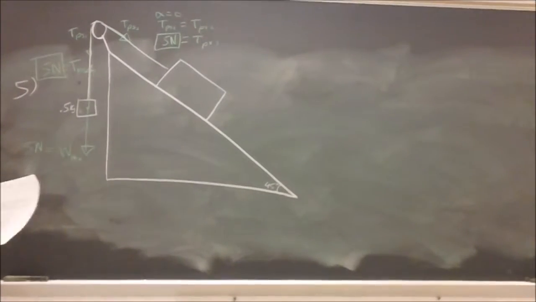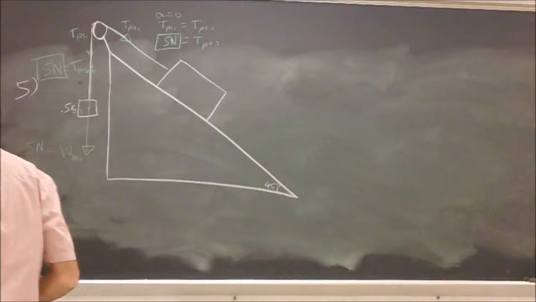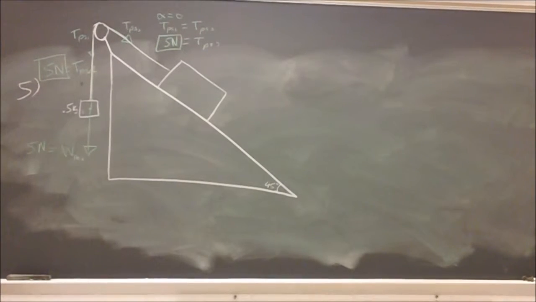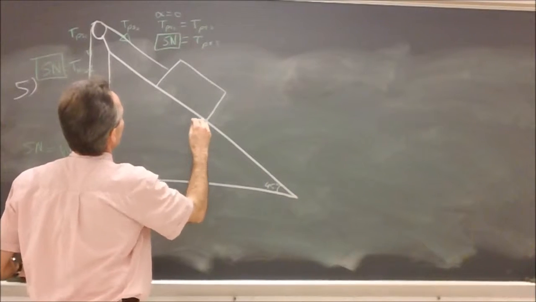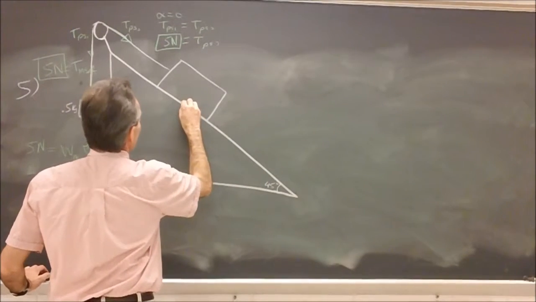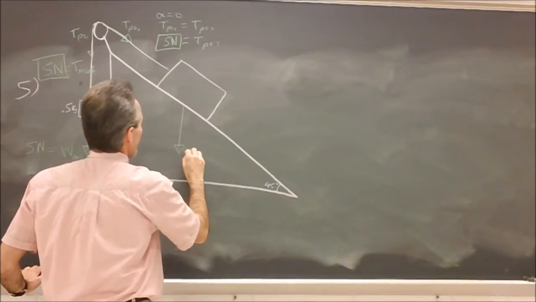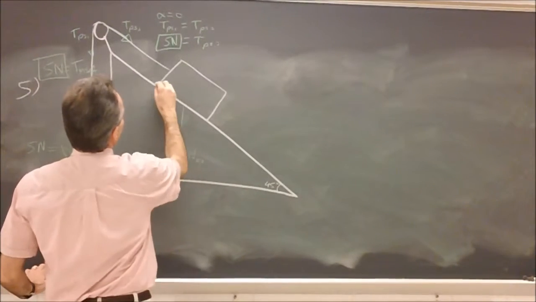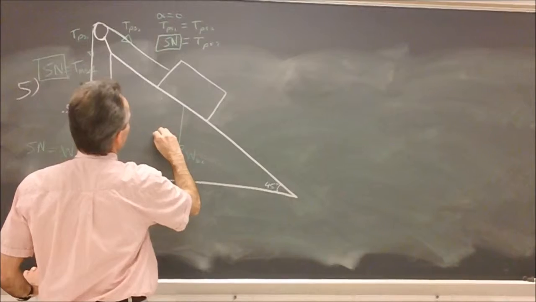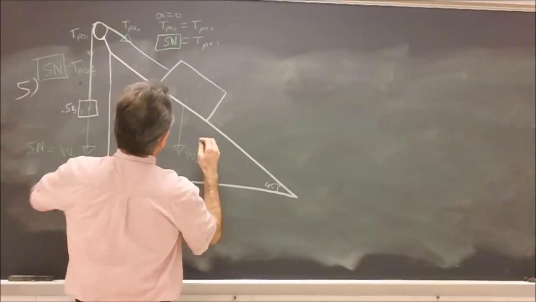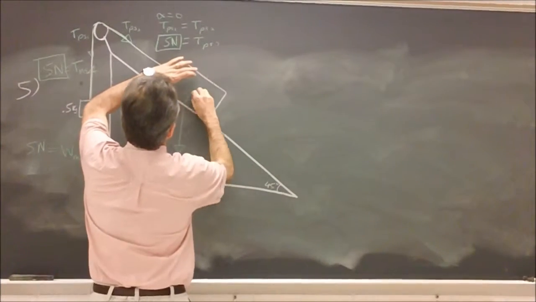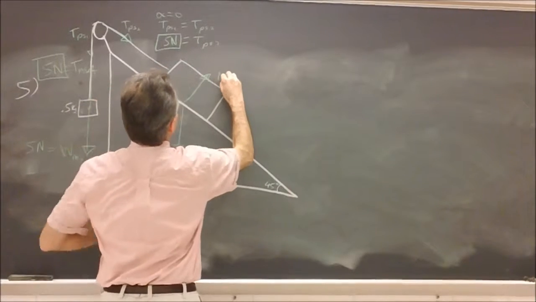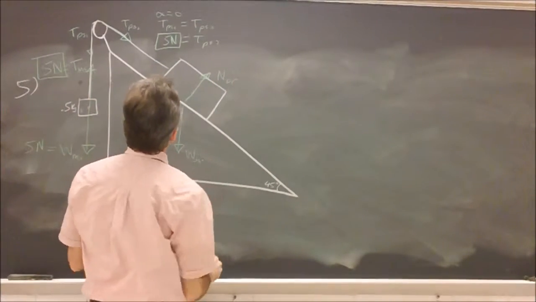Part C says now determine the mass of the box. So I need to draw another free body diagram. I'm going to draw it right on this. There's going to be a weight force down on the box from the Earth. There's going to have to be a support force on the box from the ramp.